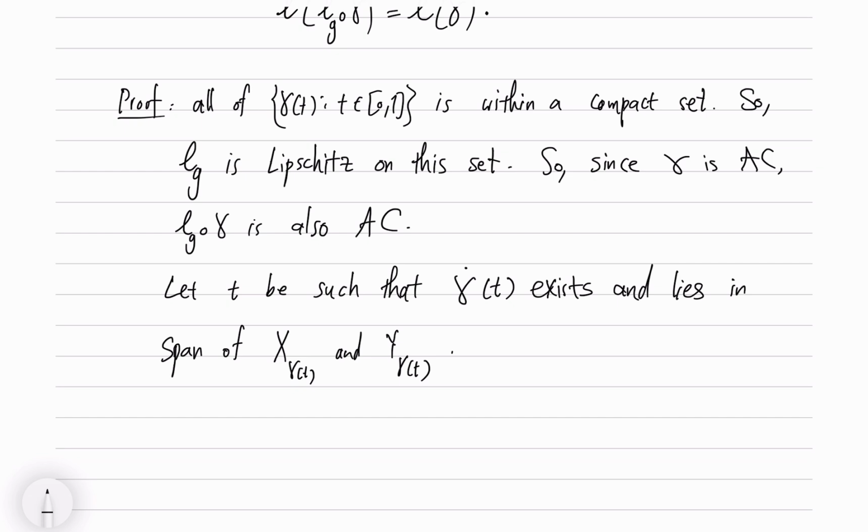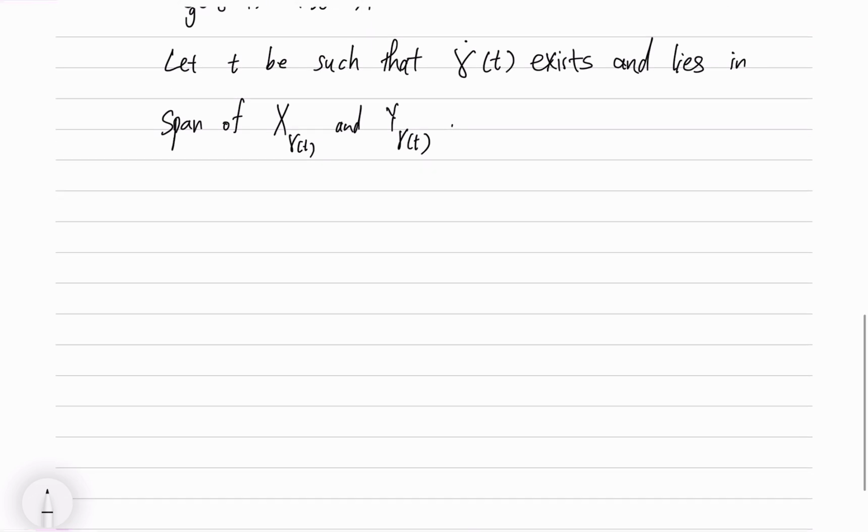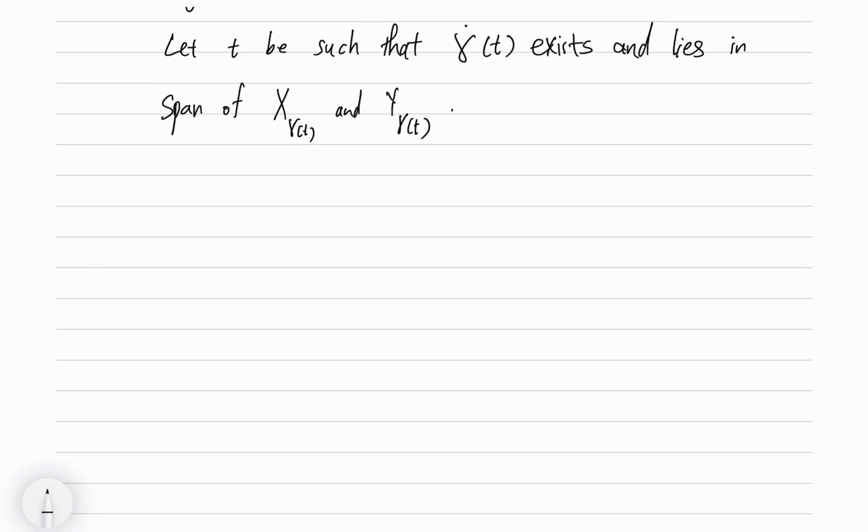So from differential geometry, we know the following. L_G composed with gamma as a curve, its derivative at t will be, since it's a composition of a smooth operator, which is L_G, with a curve, the derivative of L_G, which is a linear map, applied to gamma prime at such t.